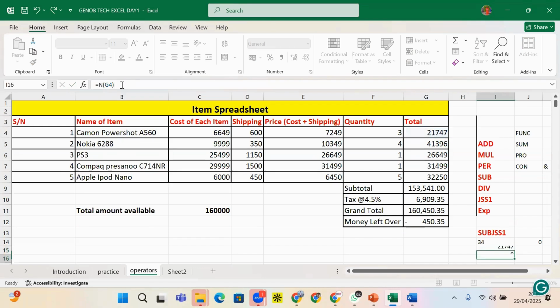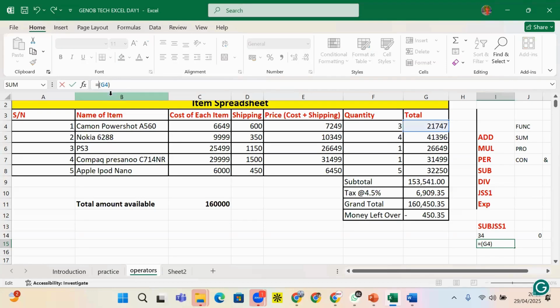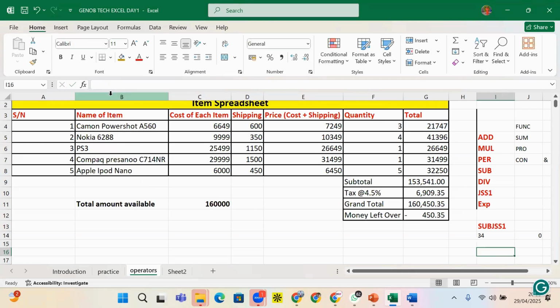I close bracket and I enter. G4 is a number, so it returns it. But if I want to check if this is a text, what do I use? I use T. If I use T, it will return nothing because it's not a text. You see, it is not a text. But if I want to check whether this one is a text or not, you see that it will return it, right?